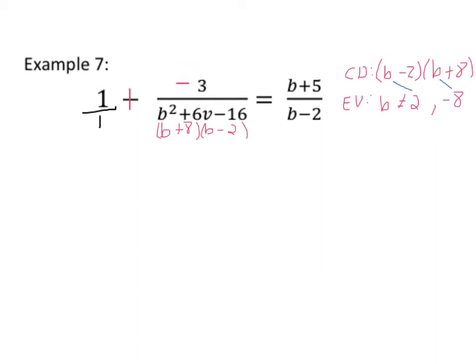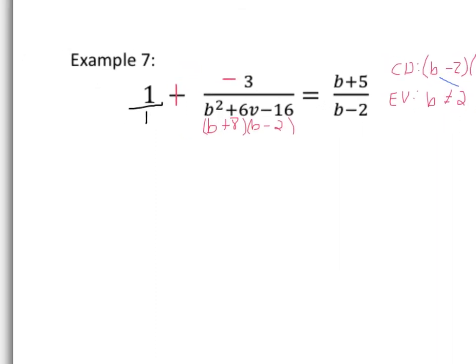So the first one needs everything. So this one needs to be multiplied by, now I know it needs everything, so I'm just going to write b squared plus 6b minus 16. So I notice right now that this v should be a b.